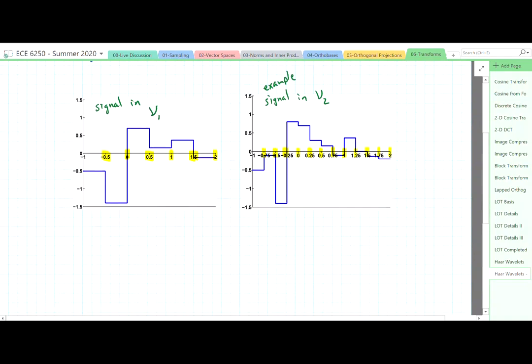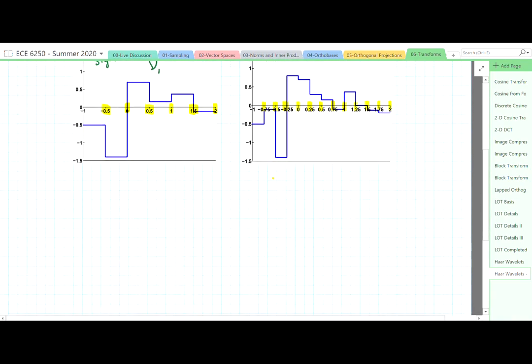Okay, so we would like to find an orthonormal basis for this. So let's just start with an orthonormal basis for our V1. It's going to be non-zero from 0 to 1/2, and then 0 outside of that interval. But what's the height?